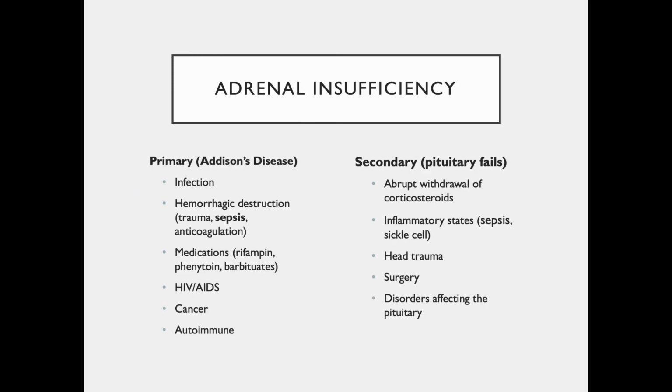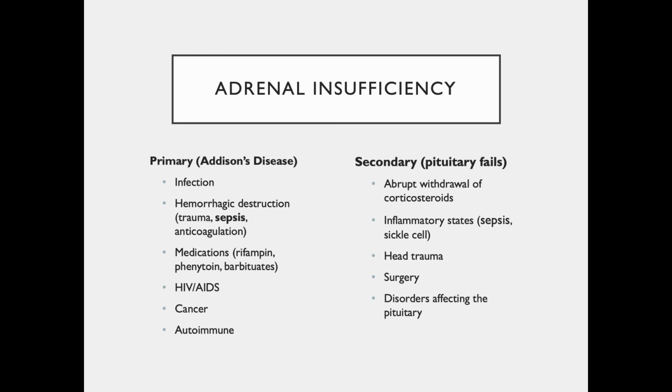Now, what happens when somebody has adrenal insufficiency is that they become sort of Addisonian. And remember, these are the patients who have the bronze-like tan, but also low blood pressure. They're at risk for infection and sepsis and things. So this primary or Addison's disease is an absence or a lack of adrenal corticosteroids.